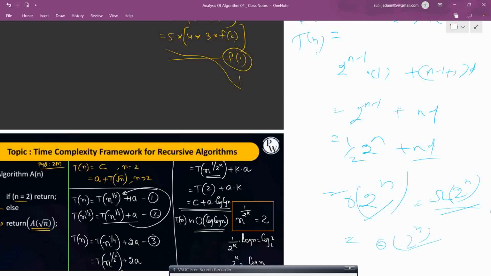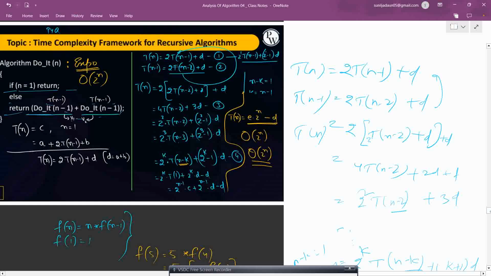Right. So how will we do that? That is 3d, we have 2 square minus 1 d here, k minus 1. So this is also how we do this. This is the way we do that.